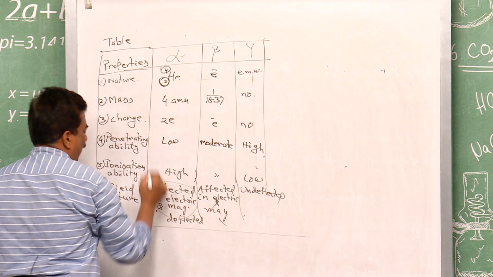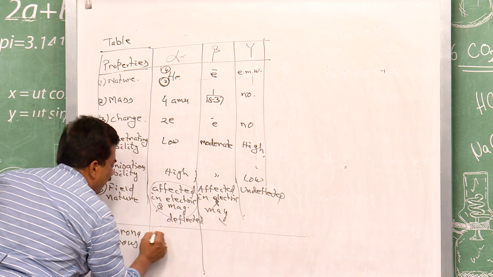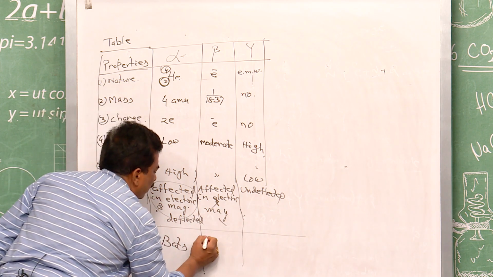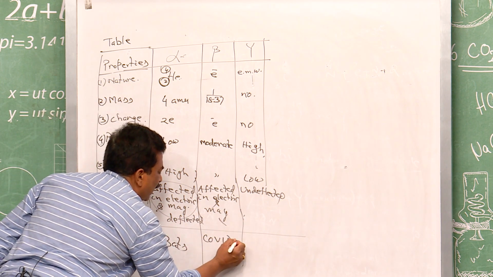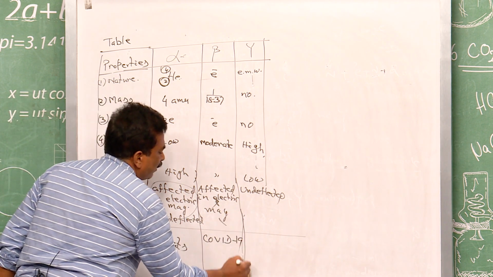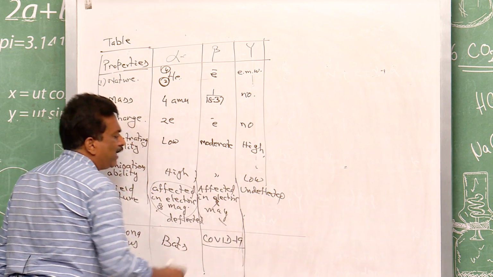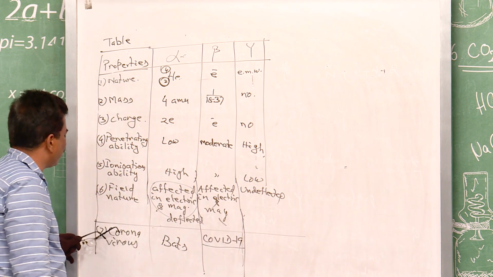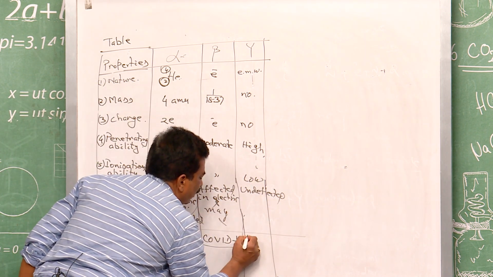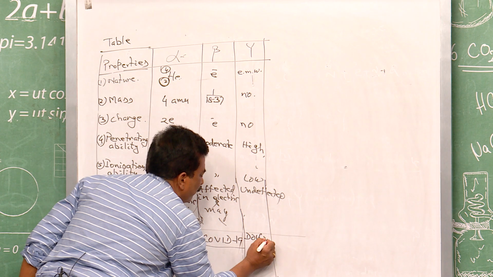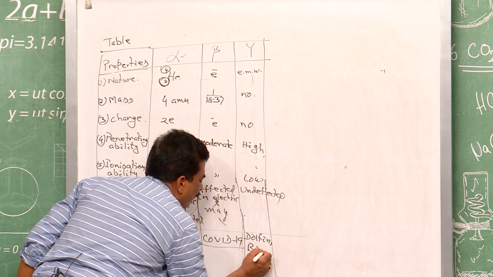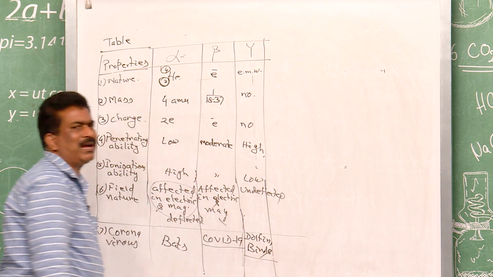The alpha coronavirus is the one affecting bats. COVID-19, which has created history in the world today, is a type of beta coronavirus, and gamma is for dolphins and birds.